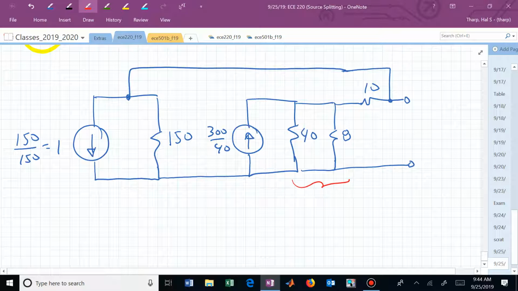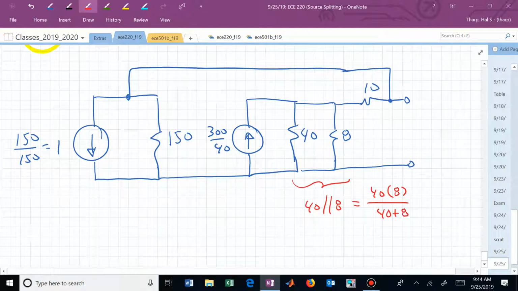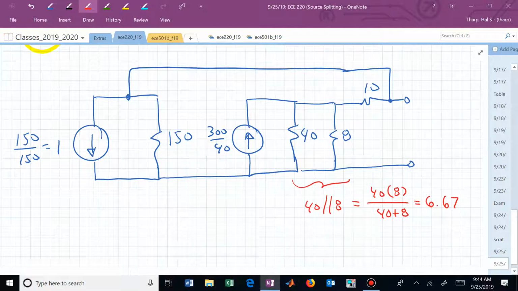Can I combine those? I now have 40 in parallel with 8. And that ends up being some not so clean number, but it's 6.67, 320 over 48.